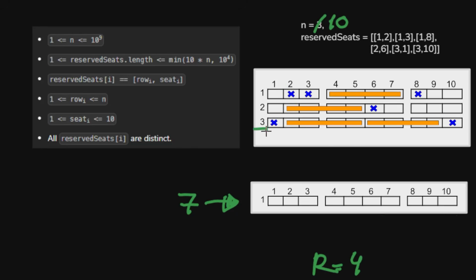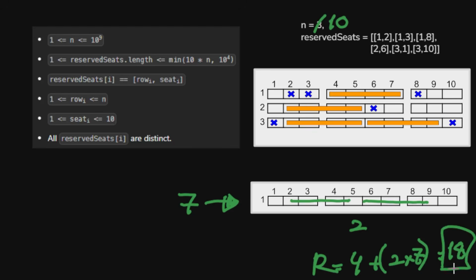Well, remember what we did here in row 3. We basically have 2 choices. We can take either this block in the middle or these 2 blocks. If we are trying to maximize the result, we should take 2 blocks per row, which means that the final result is 4 plus 2 times the number of empty rows, 7. 2 times 7 is 14, plus 4 is 18, so here we return 18.